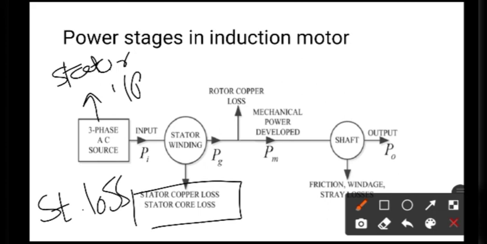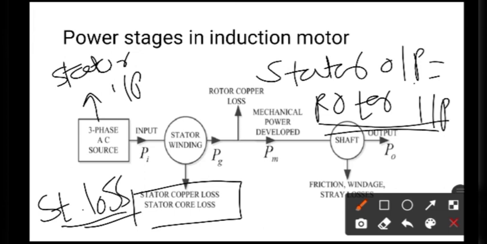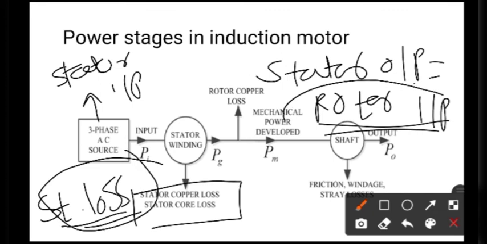That is, the stator output is also known as the rotor input. When we need to find the stator input, just add stator losses plus rotor input. Add these two quantities, stator loss and rotor input.